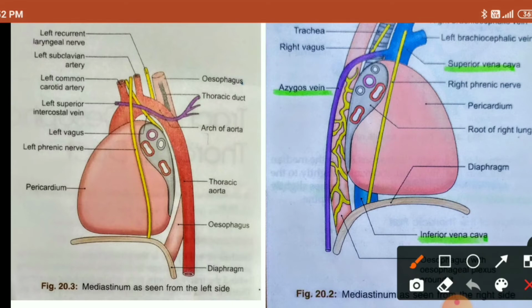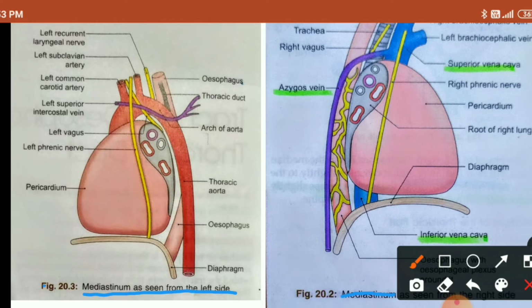So if you are visualizing trachea from the left side of mediastinum, then the structures that are relating to the left side of trachea are seen anterior to it. Similarly, in the adjacent diagram, you are visualizing trachea from the right side of mediastinum. So the structures related to the right side of trachea are seen to be present anterior to it.